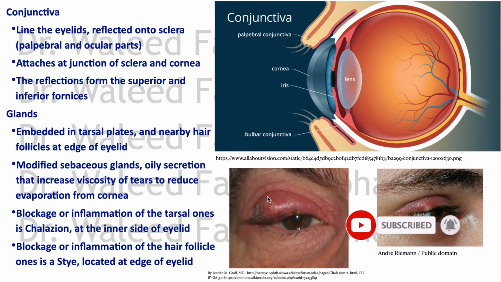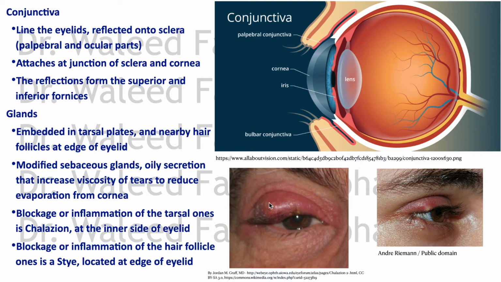Of course it's apparent from the outside, because of the inflammatory reaction, the redness and hotness, etc. But inflammation of one of the glands at the hair follicles is called a stye. See, it's at the edge of the eyelid, not the inside of the eyelid. It's important to differentiate between the two conditions, the stye and chalazion. The chalazion may need surgical intervention, by the way, if it became chronic.